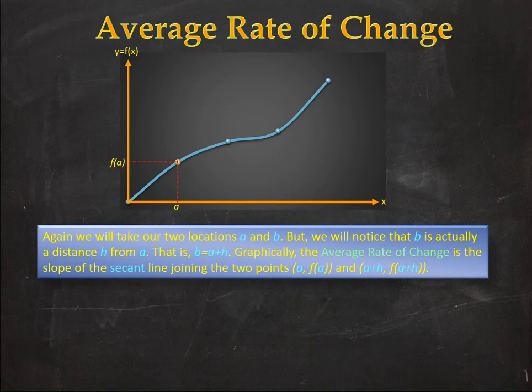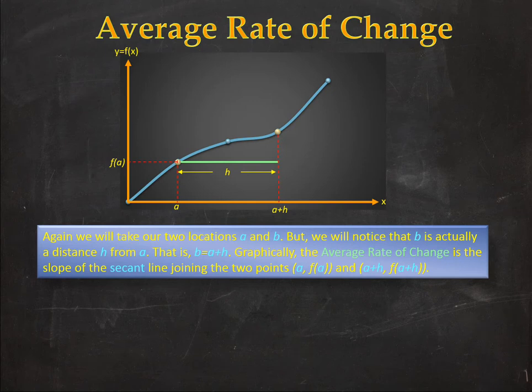That is, if I subtract a from b, that is b minus a, that'll give me a distance, and I'm going to call that distance h. So in other words, the location of b is really a distance h away from a. So a has the location of a, where b would have the value of a plus h. So I don't have to use any b's anymore. I'm just interested in how far the second point is from the first point. In this case, it is h.